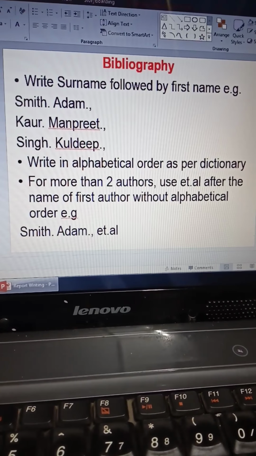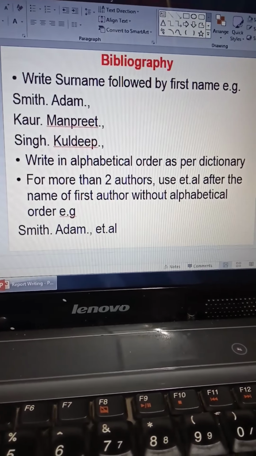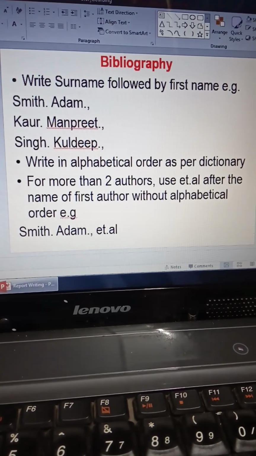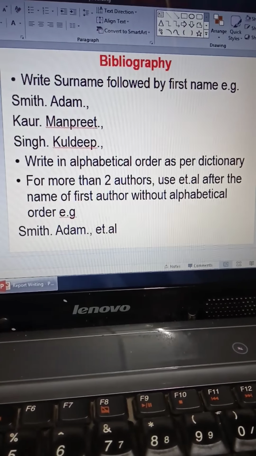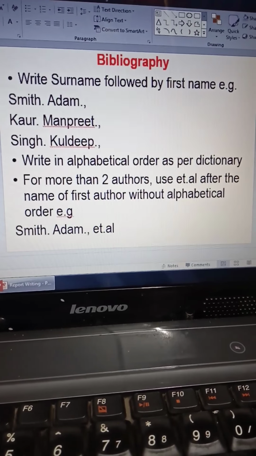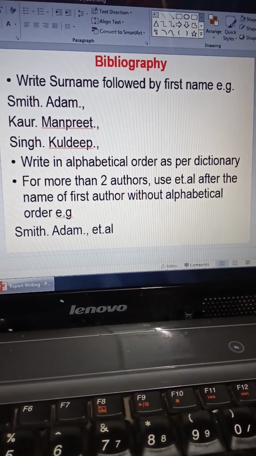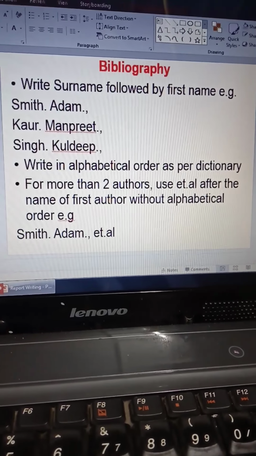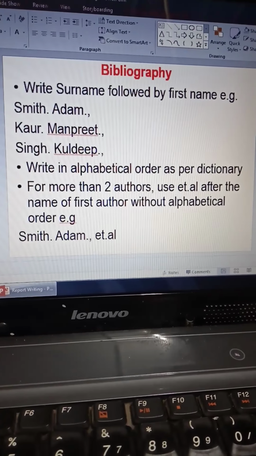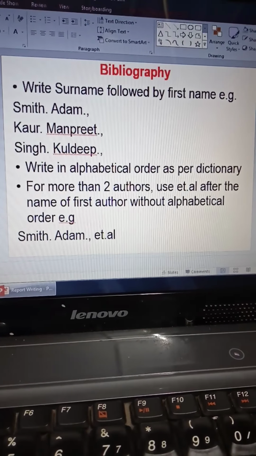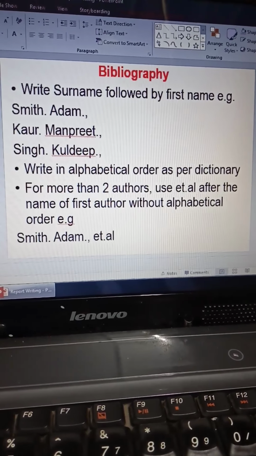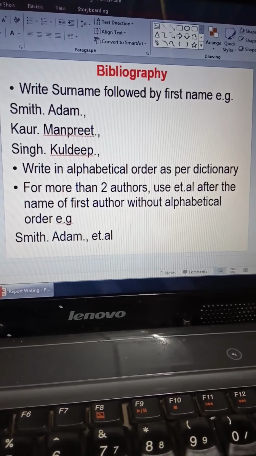That means the other two names will be silent. So when somebody refers to et al., it means that there are other authors of this particular research paper. Sometimes this is written because of the shortage of space. If the space is little lesser and we cannot accommodate all the authors, then et al. is the right word to specify there are many other authors in this particular research paper.